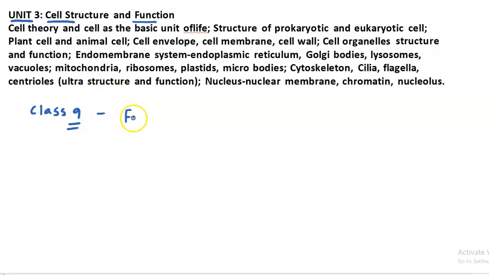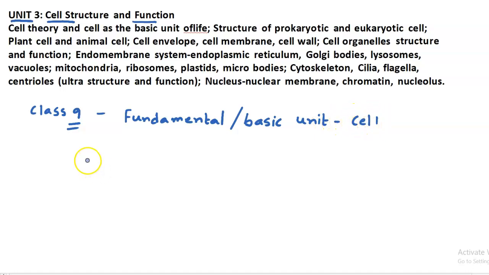In class 9 we find cell is the fundamental unit of life. That is, the fundamental or basic unit of life is the cell. Here itself, in class 9, it is clear the basic unit of life is the cell. All living organisms are made up of cells.